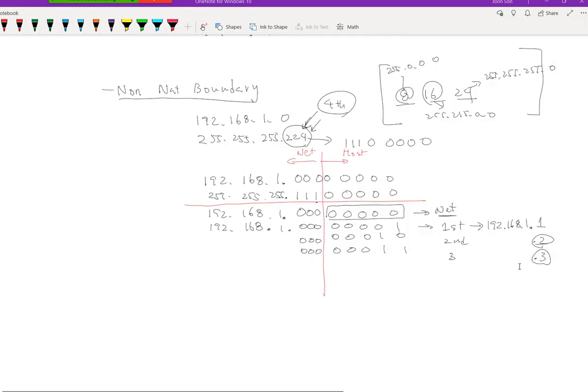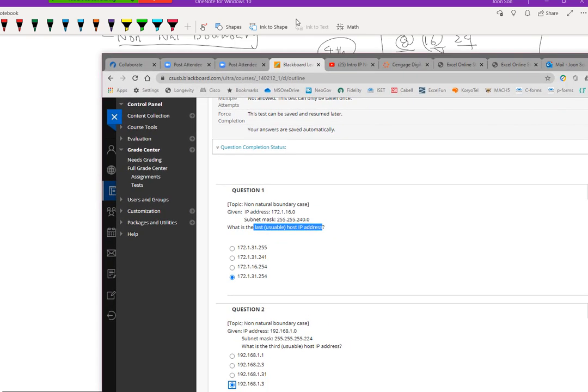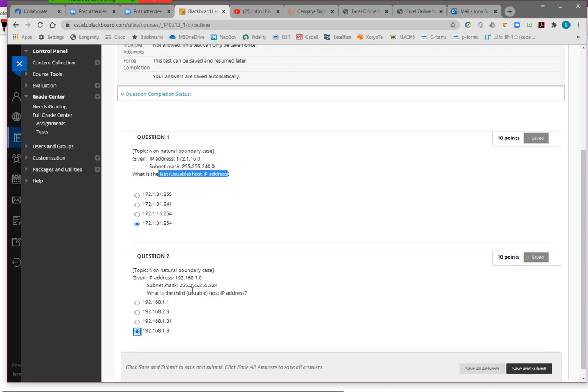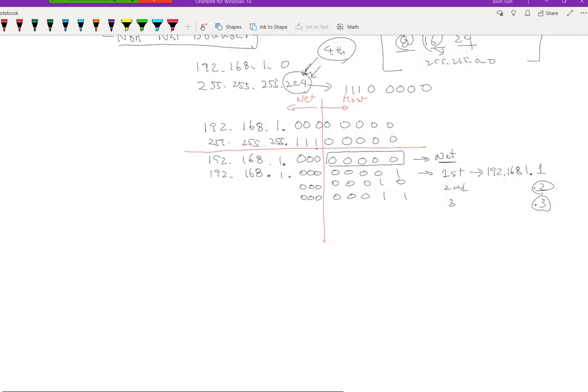Before you leave, instead of the third, I think the problem should be like this: what is the broadcast address? It's too late to change my problem, but instead of the third IP address, I should ask you, what is the broadcast address?